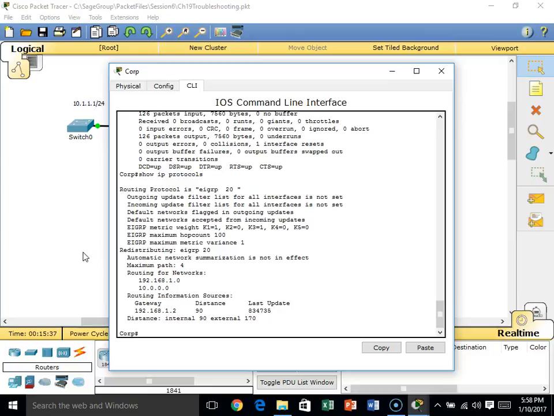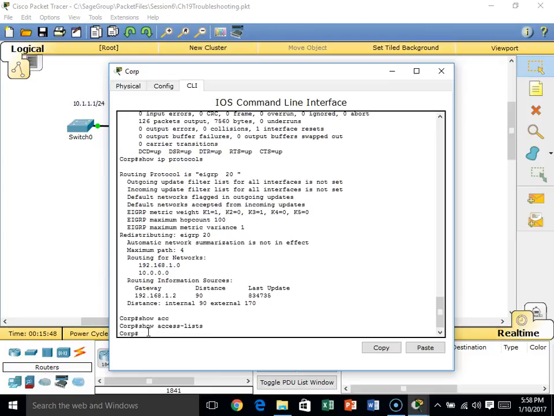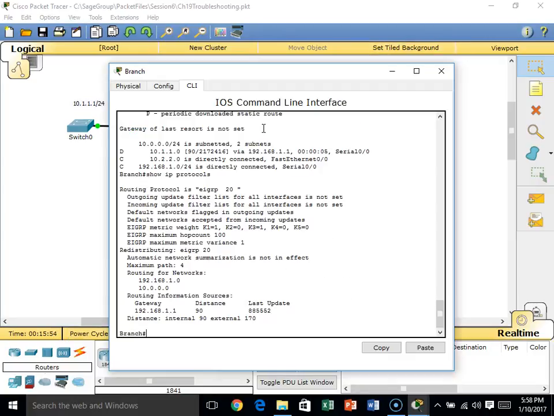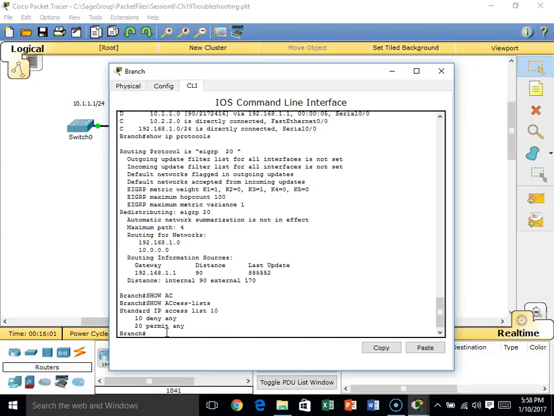What else could we have messed up on this thing? Oh, I know. Show IP EIGRP neighbors. I couldn't quite do what he did. I'm on Corp. There is an access list.